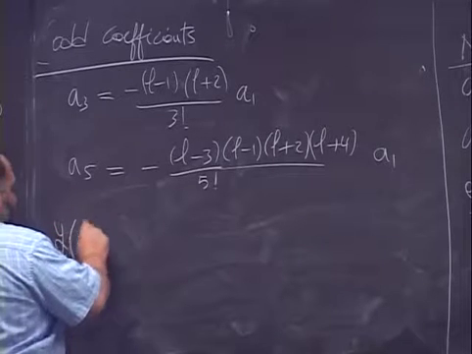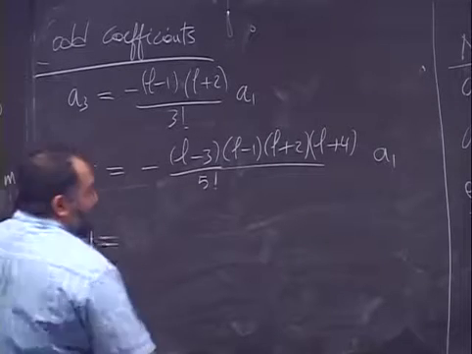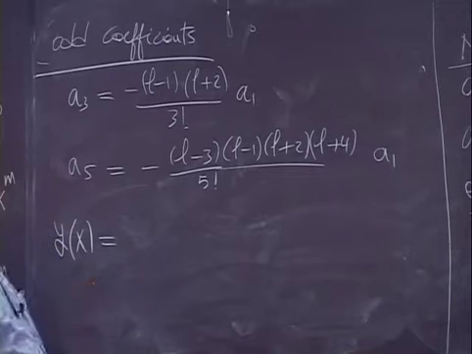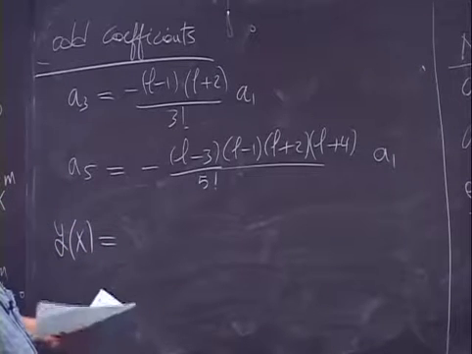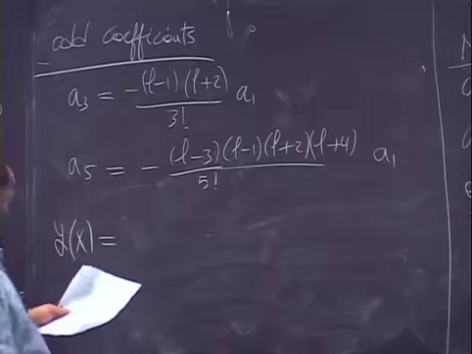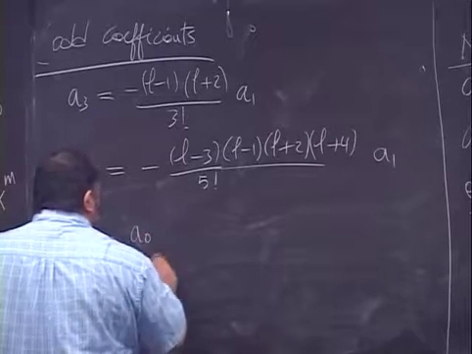Our general solution will be two parts. One, you will have the even coefficients, and the other one you will have what? The odd coefficients. So here is the one with the even coefficients.